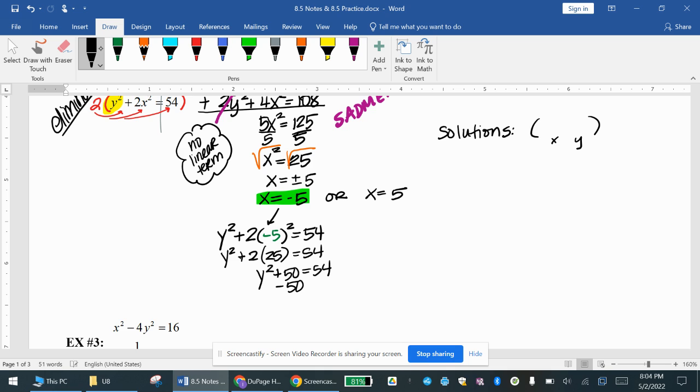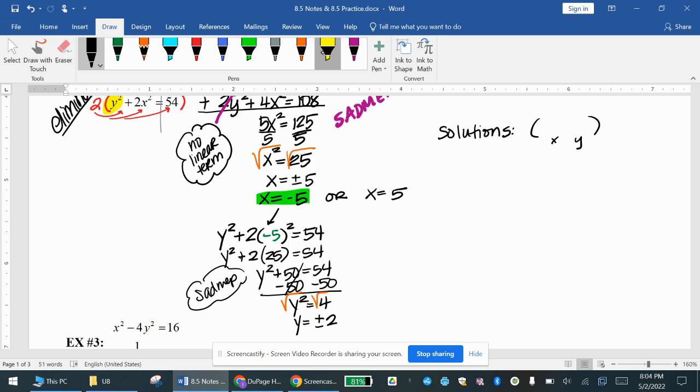So cancel addition and subtraction. There's no linear term here. When there's no linear term, you don't have to factor. Okay, so I'm using SADMAP again. Okay, so I get y squared equals 4. But look, we actually end up having two solutions again. We've got plus or minus 2.